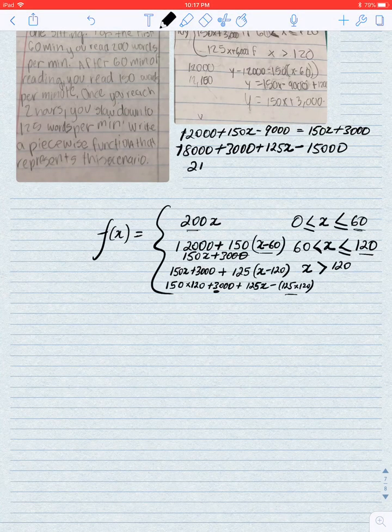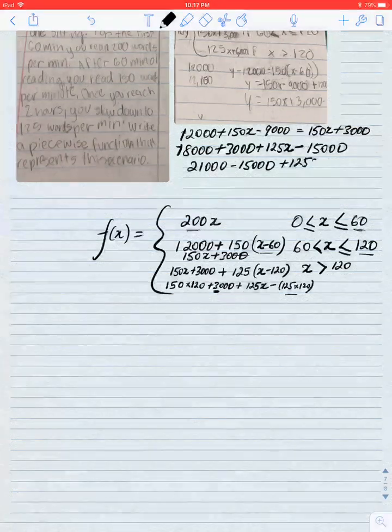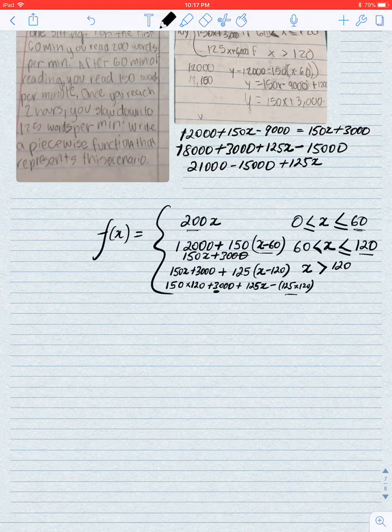So this is 21,000 minus 15,000 plus 125x. So this is equal to 125x plus 6,000. So all of this becomes 125x plus 6,000, and that represents x greater than 120.